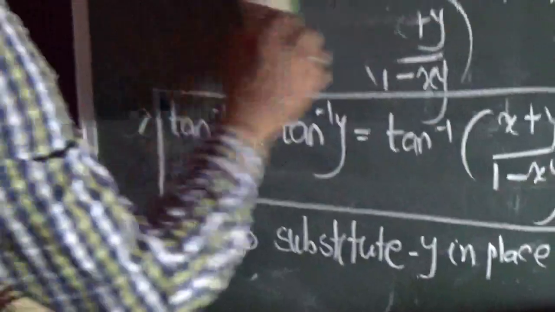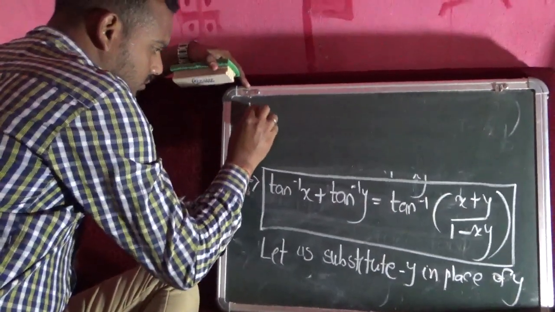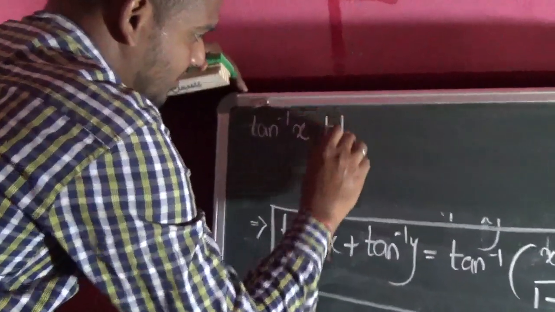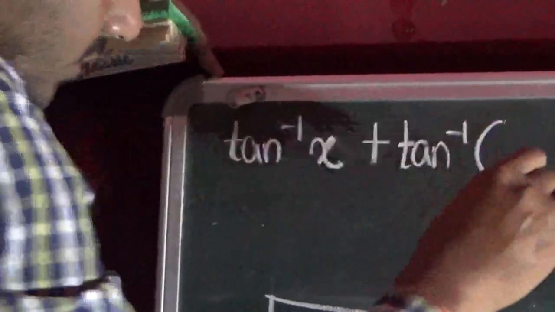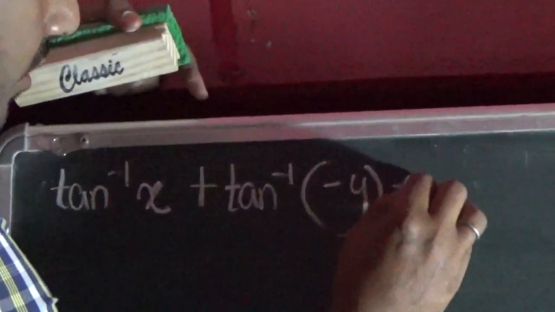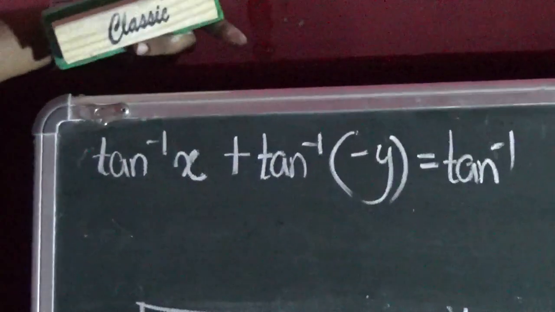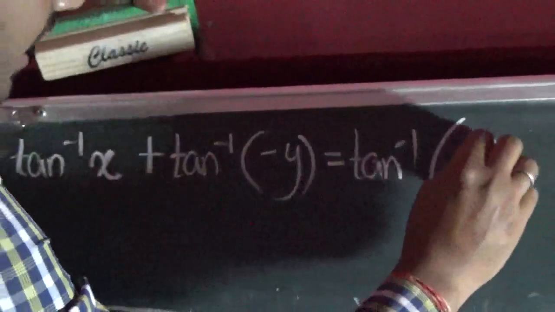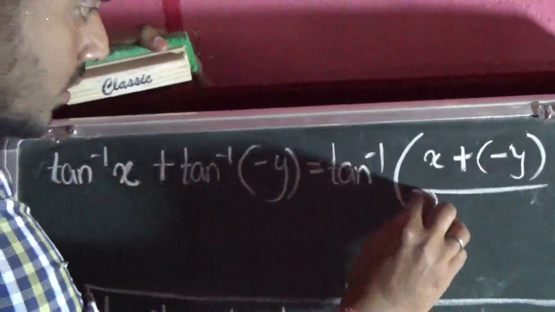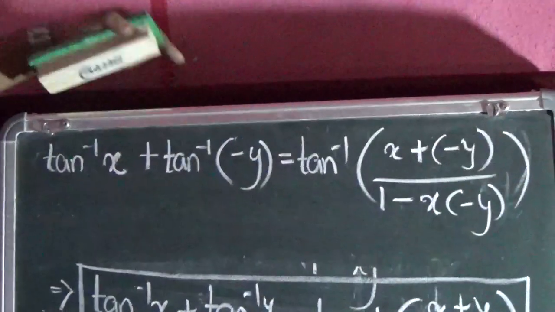Then this expression becomes tan inverse x plus tan inverse of minus y equal to tan inverse of, on the right side also putting minus y in place of y, (x plus minus y) by (1 minus x into minus y).